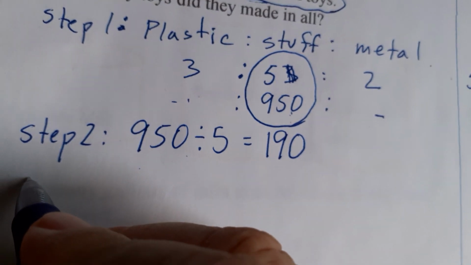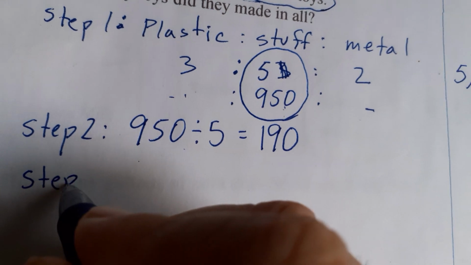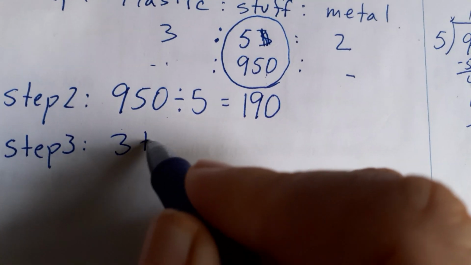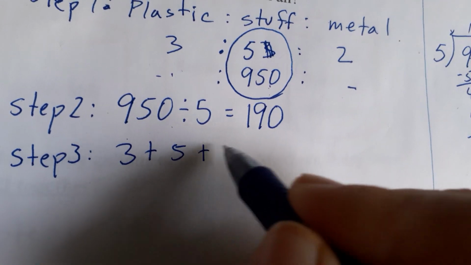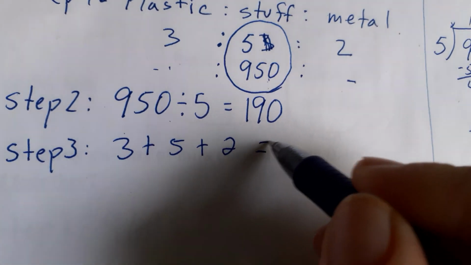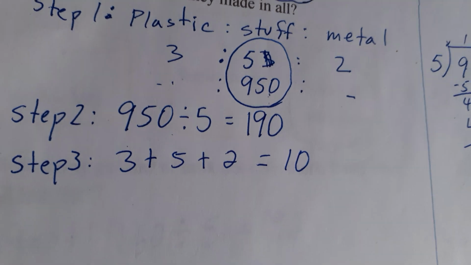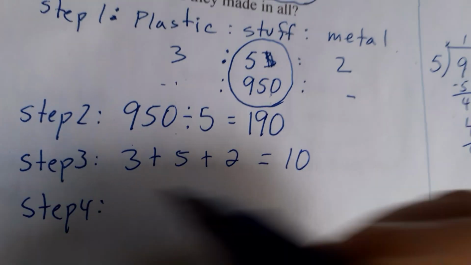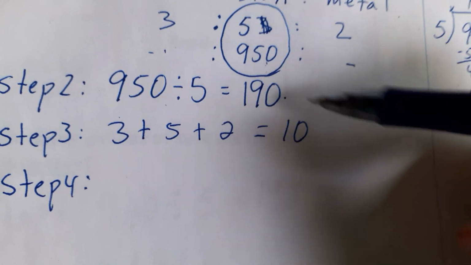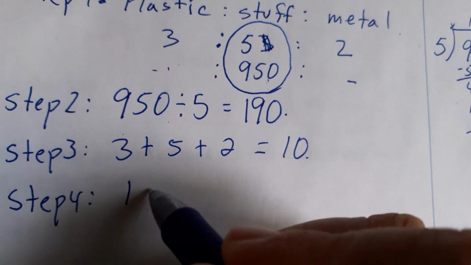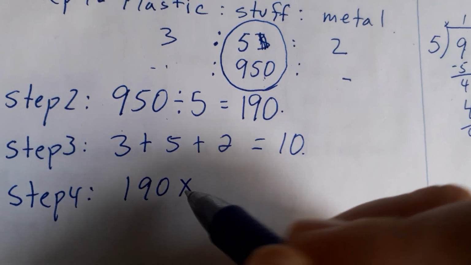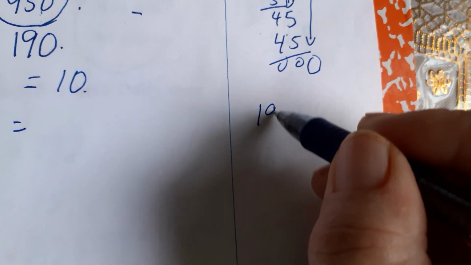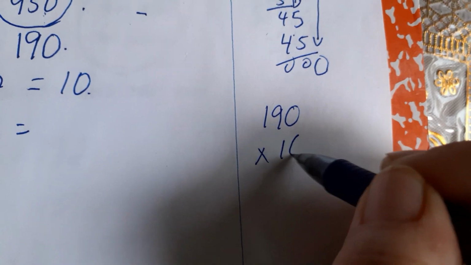Now we go to step 3. In step 3, we are going to add all the ratios. 3 plus 5 plus 2. This will give us 10. Okay, now step 4. We are going to multiply the rate by 10. So 190 times 10 will give us, and we go here, 190 times 10.